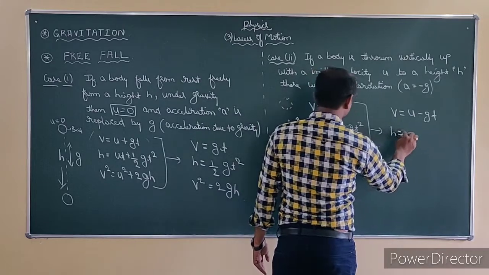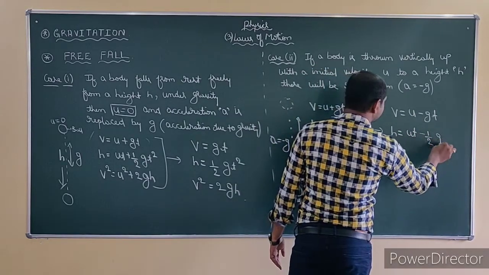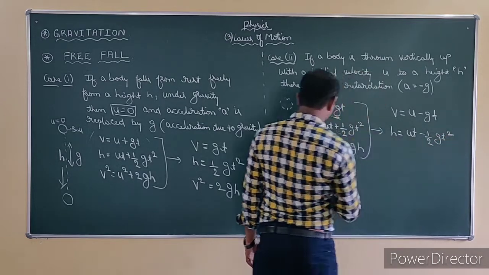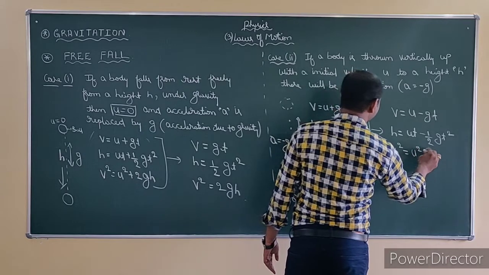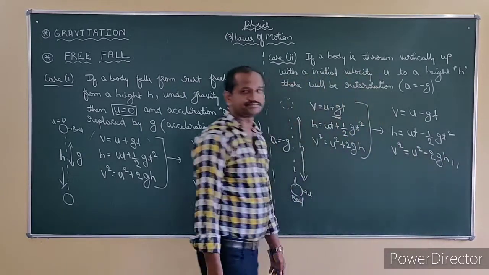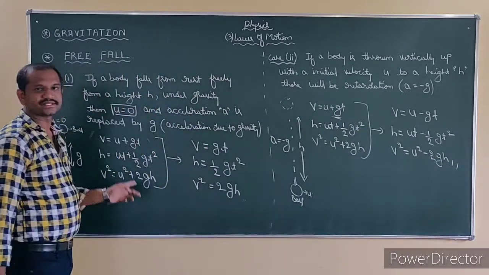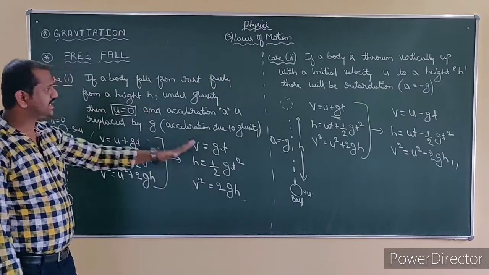Then I have h is equal to ut minus half gt square. Then the last one, v square is equal to u square minus 2gh. Understand?